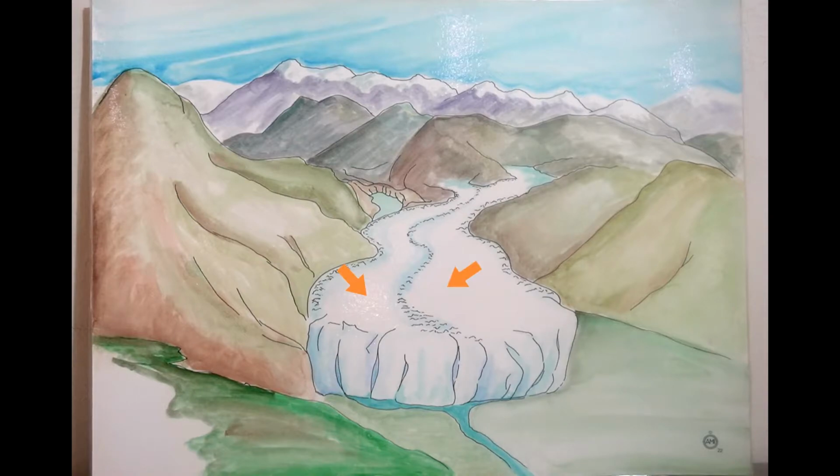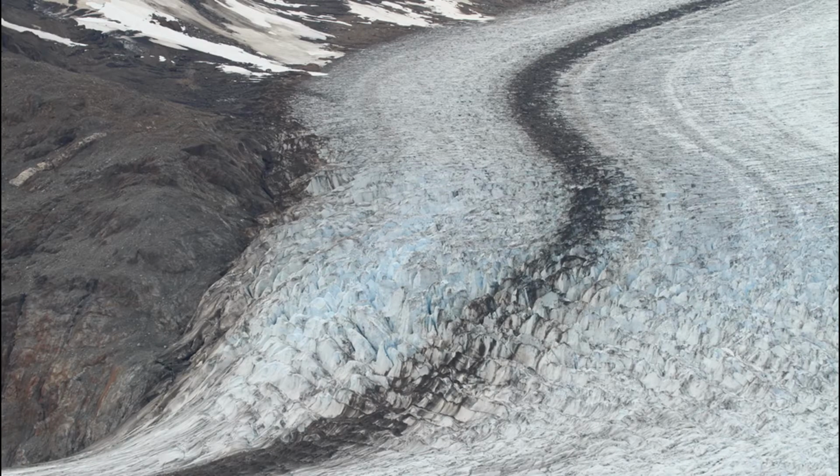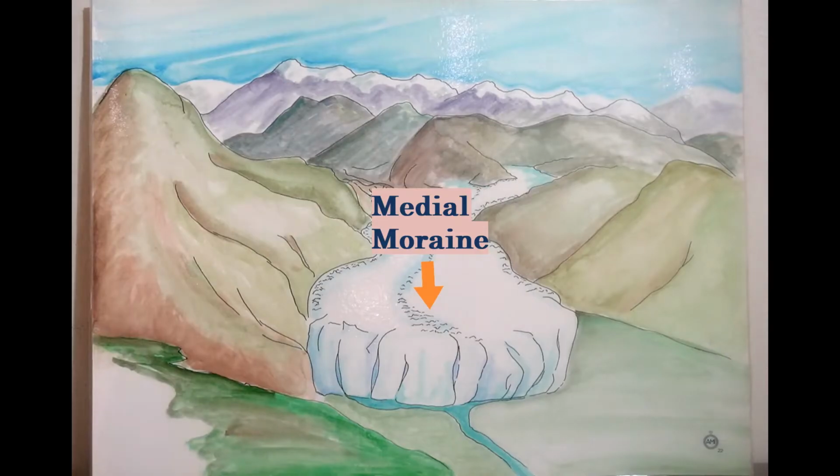Sometimes two glaciers can come together. We can see a bit of that here on our chart, like here. When they come together, you can see two glaciers coming together. When it happens, we can have a moraine in the middle, and then it is called a medial moraine.